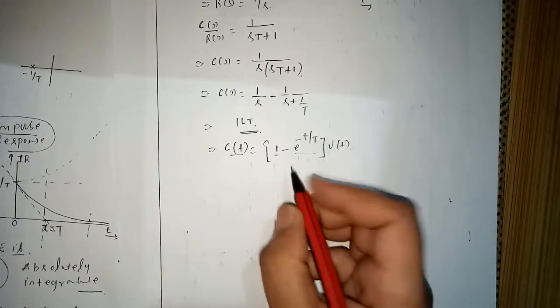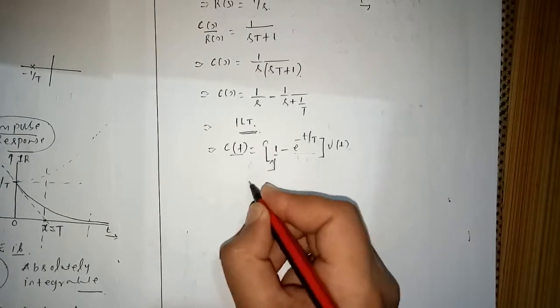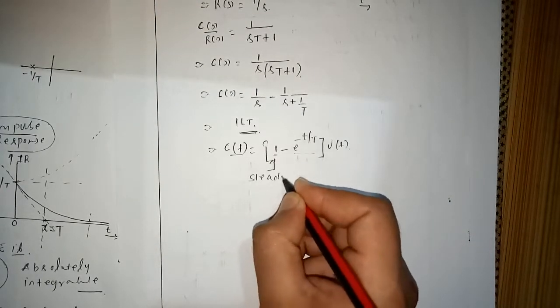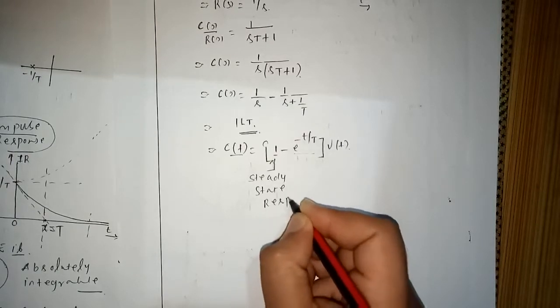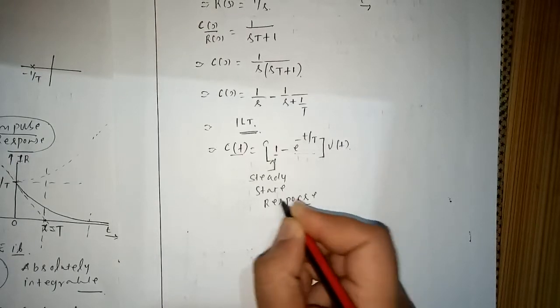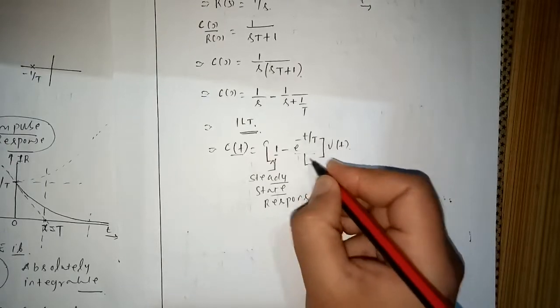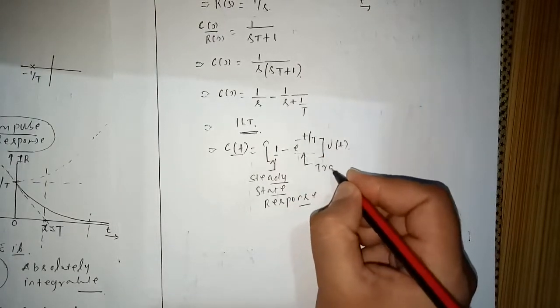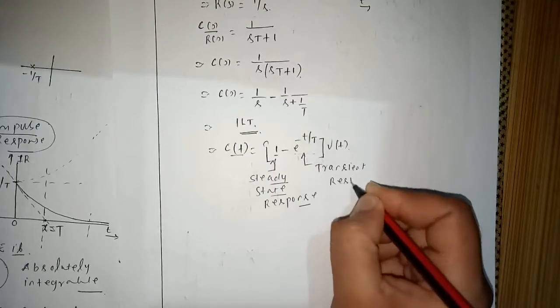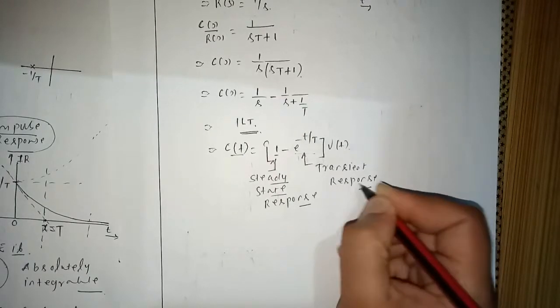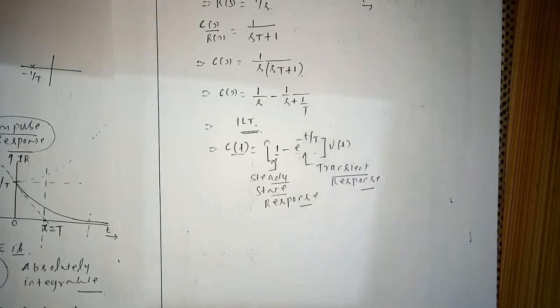So this is called the steady state response of a system, right? And this part consists of the transient response. It will die out with time, because it is an exponential decay.